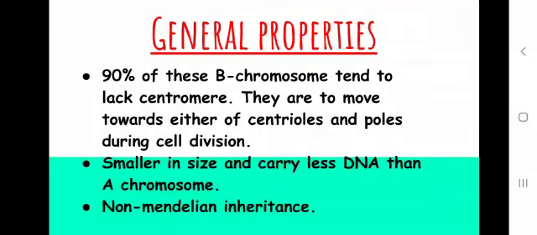General properties: 90% of these B chromosomes tend to lack a centromere. They tend to move towards either of the poles during cell division, are smaller in size and carry less DNA than A chromosomes, and show non-Mendelian inheritance.